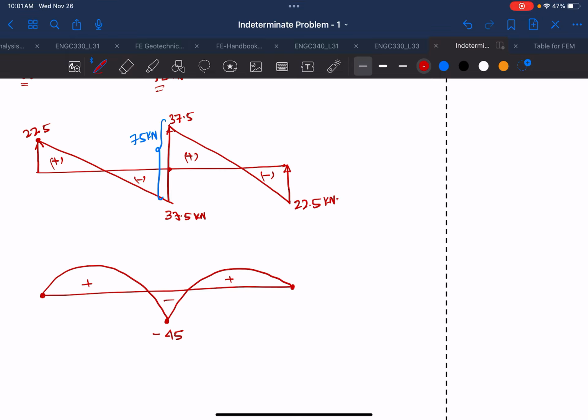The maximum value will be wherever the shear force is equal to 0. That will be your maximum moment.